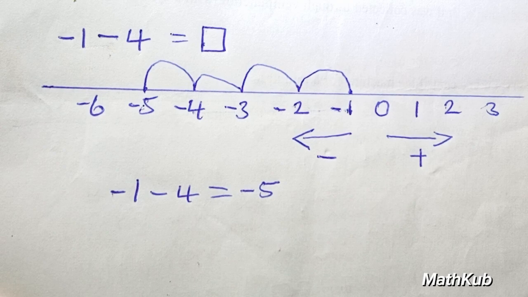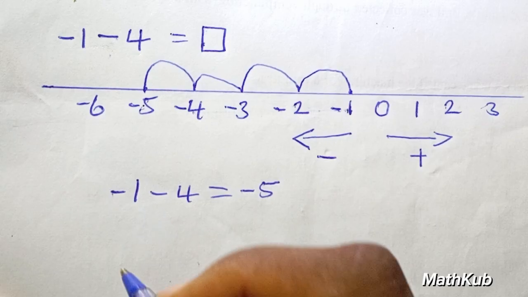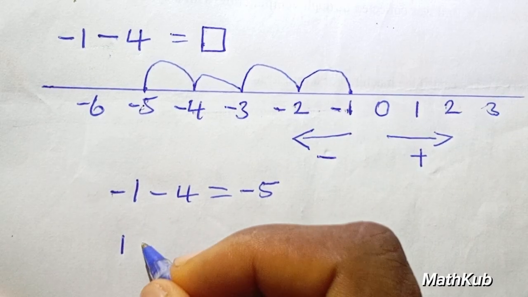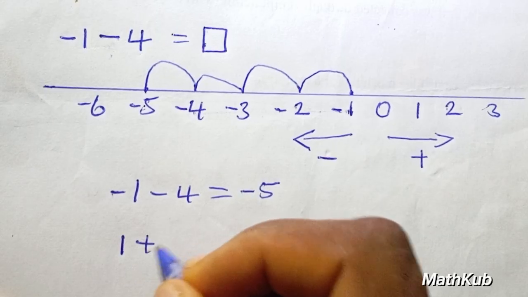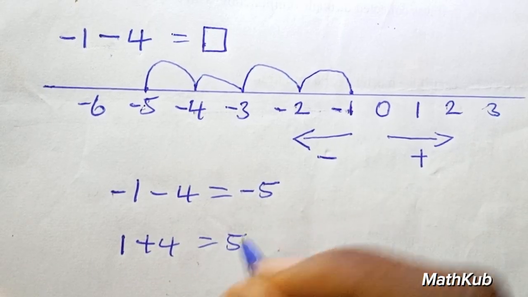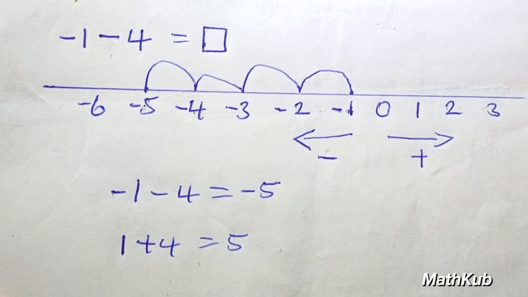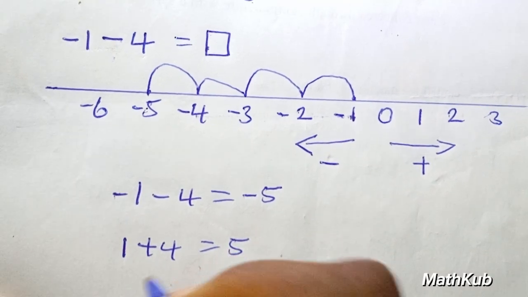Don't be confused, it's not the same thing. So this one is the same thing as saying 1 plus 4 equals 5. In fact, it's not exactly the same thing, because we could have something like this.